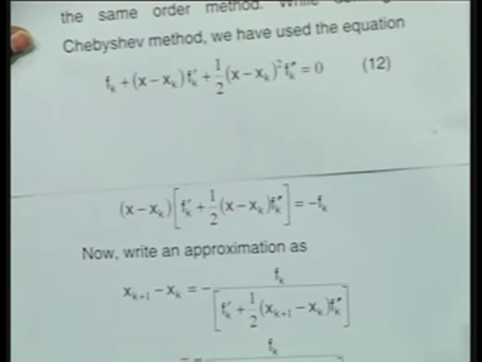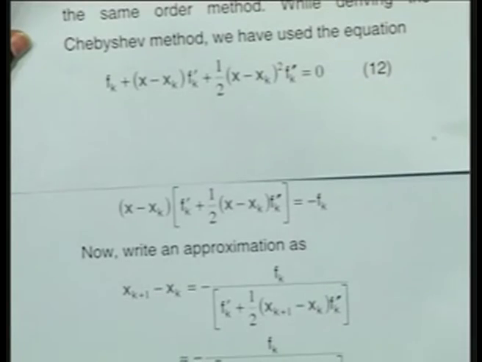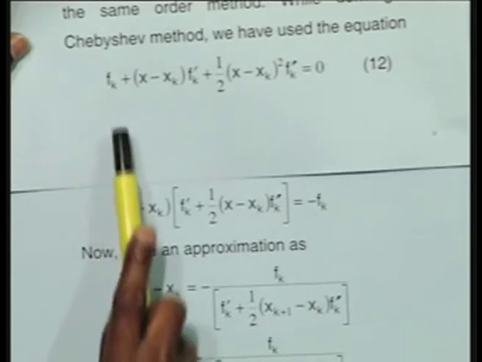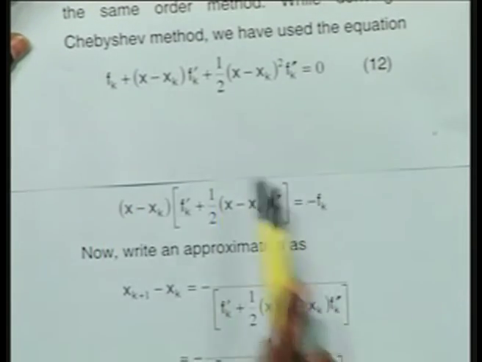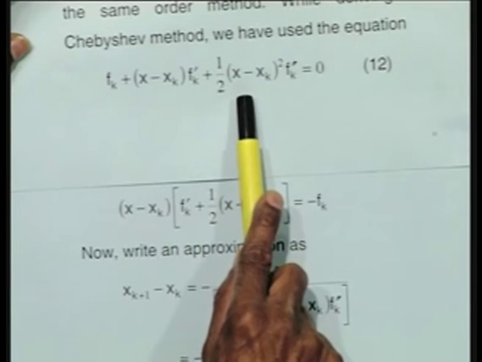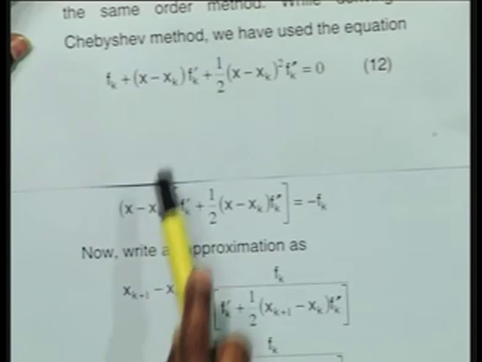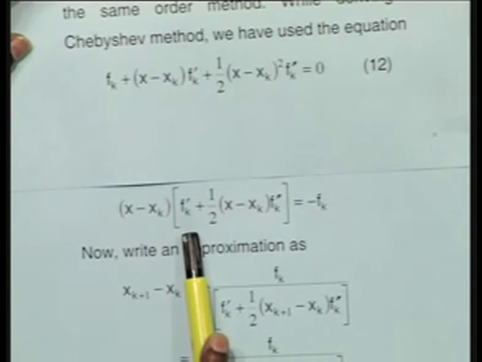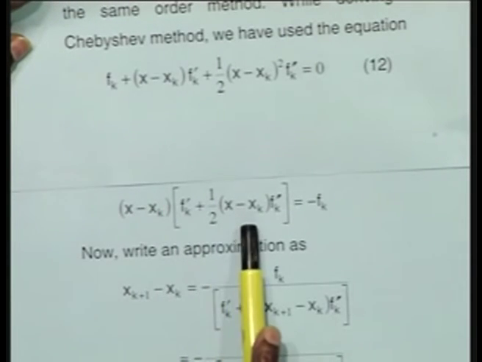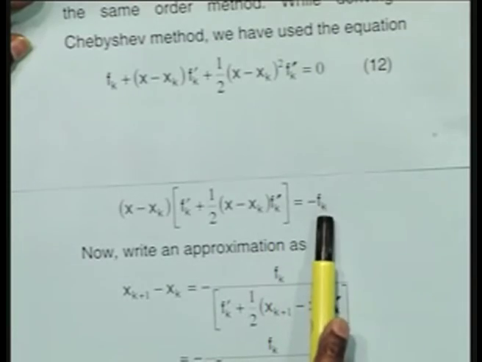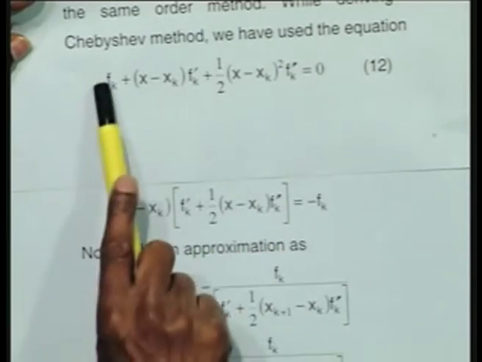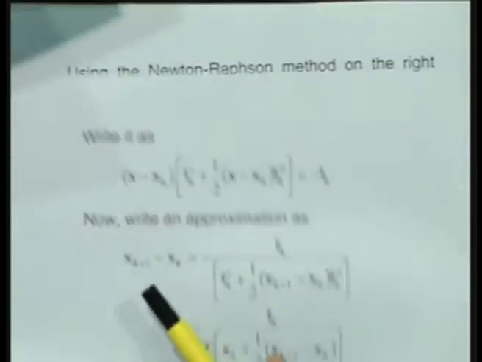Now, what we do from this step is write this step as this. I take fk to the right hand side, retain these two terms on the left hand side, and take (x minus xk) as a common factor. What is left is (x minus xk) times [f prime k plus half (x minus xk) f double dash k] equals minus fk. So, it is simply taking the right hand side and taking the common factor.